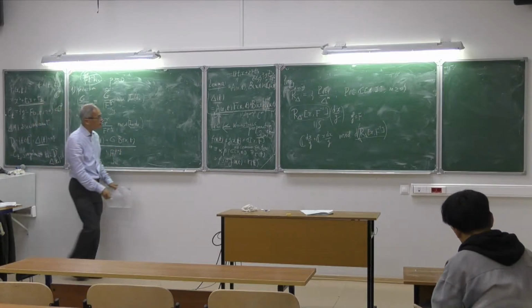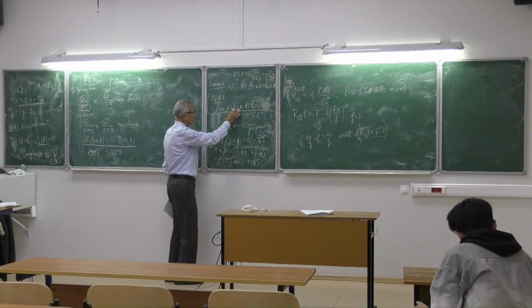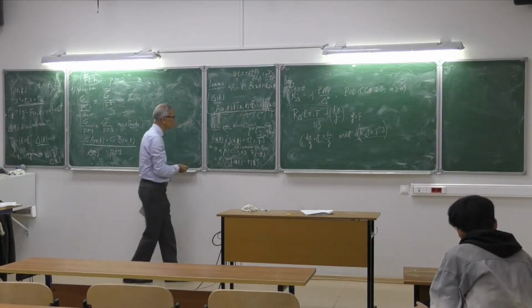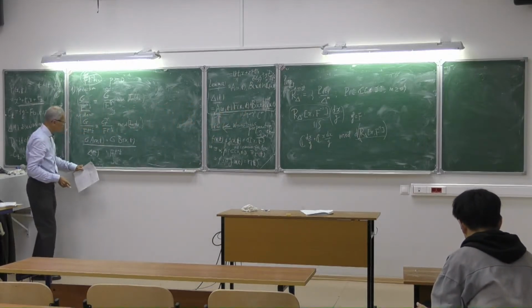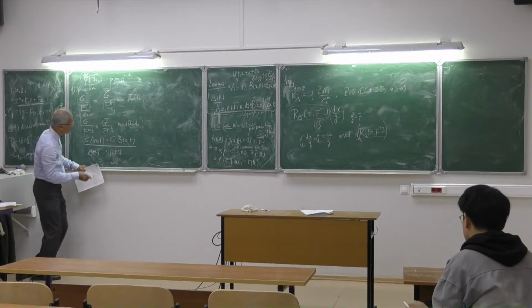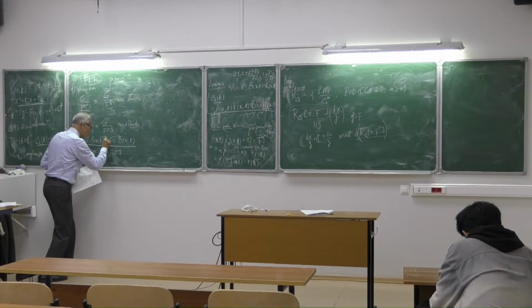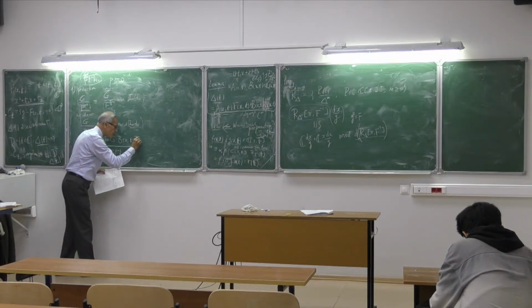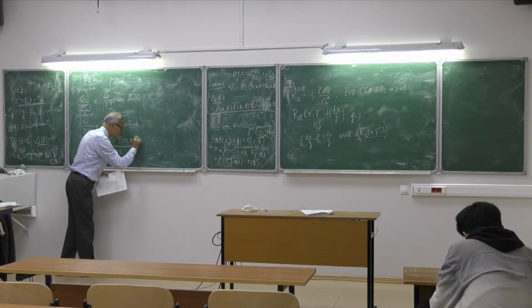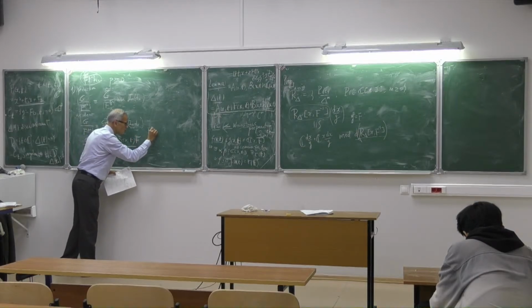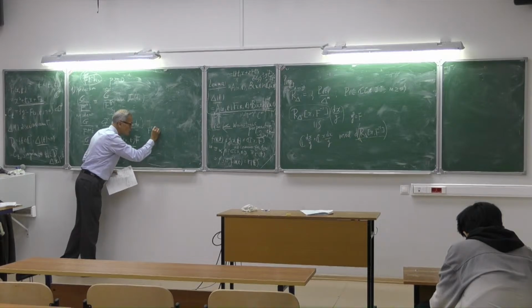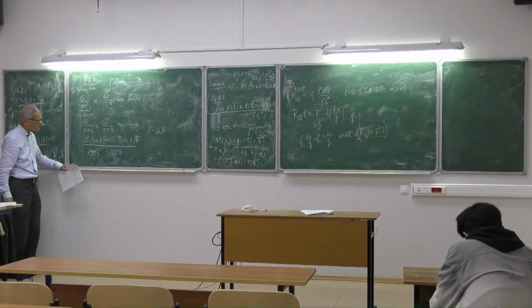Simply I replace delta t, so delta t of g f. I want to use f and f prime, where f prime is the derivative with respect to f.